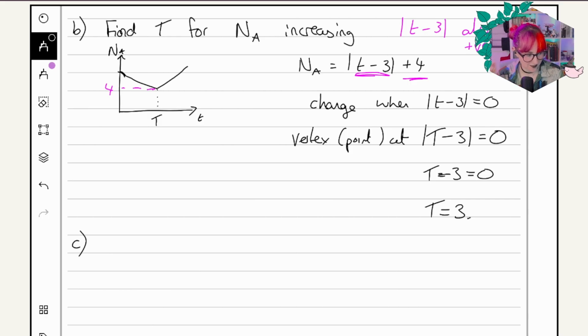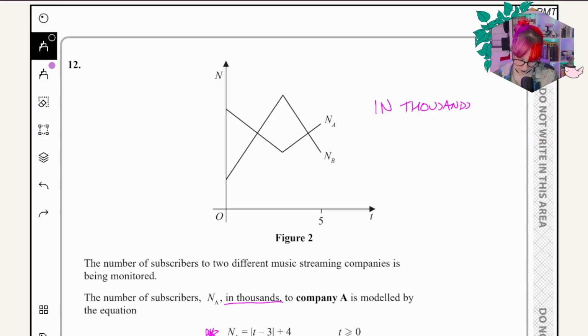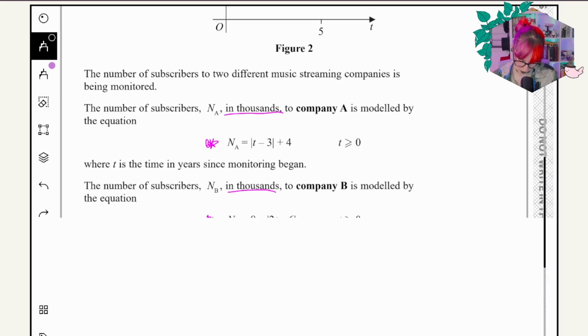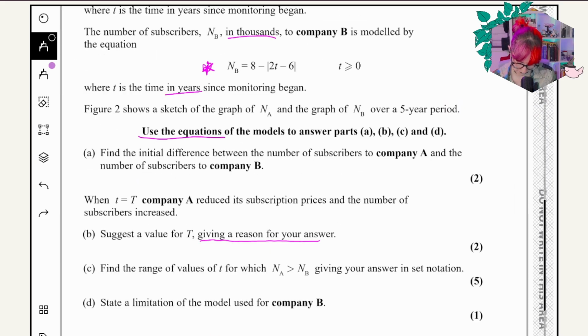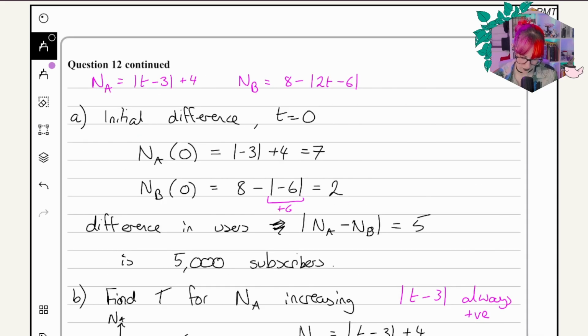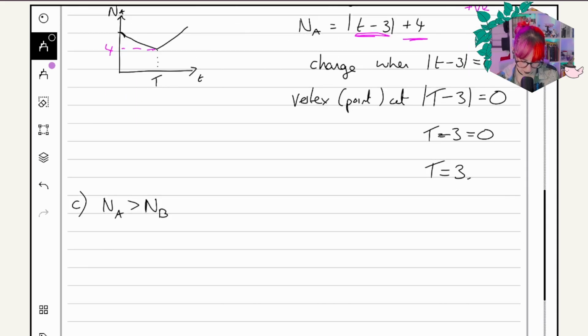Okay, part C. So we want when NA is bigger than NB, I believe. Or NA is smaller than NB? Which way around are we doing? The range of values for which NA is bigger than NB, giving your answer in set notation. Okay.